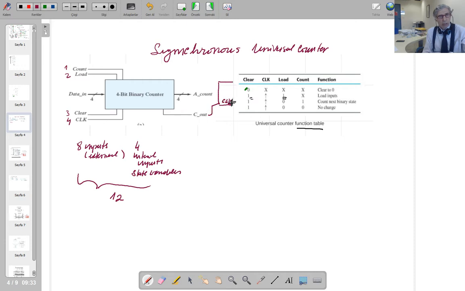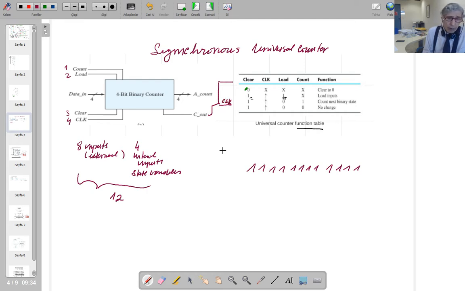If you put another integrated circuit here, you will be counting to a higher number, if you've got 2 of them. If you've got 3 of them, it's going to be more. So you can do the counting up to this number by connecting the universal synchronous counters in serial, as we have done it here.